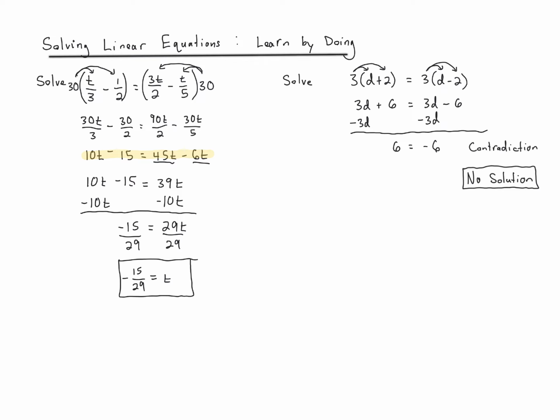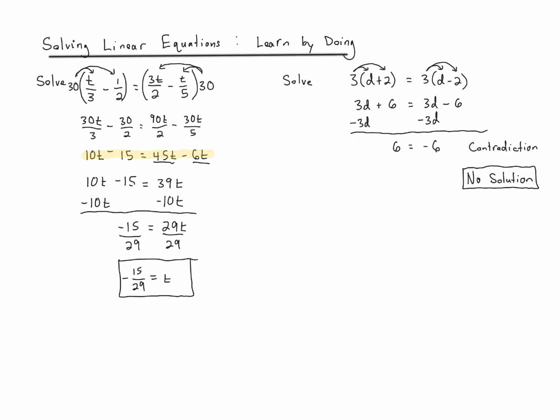There's never any situation where 6 is equal to negative 6. So that means there's no value of d that we can substitute into the original equation that will make the left and right hand sides equal to each other. So in this case, our answer is that there is no solution.